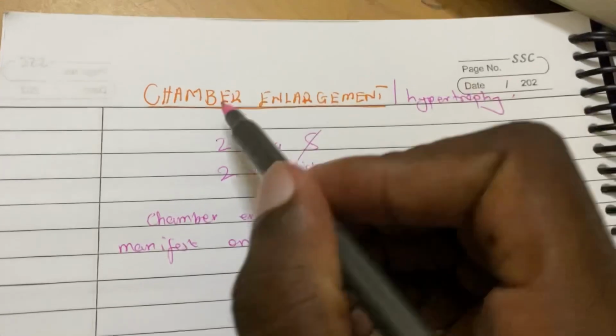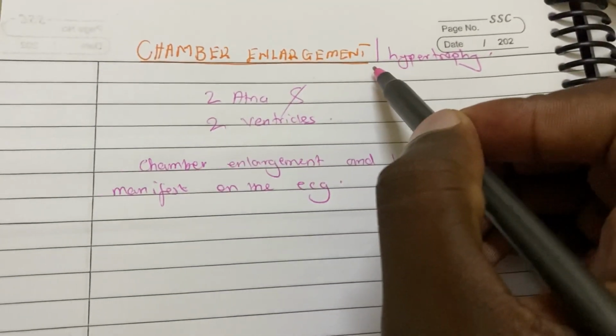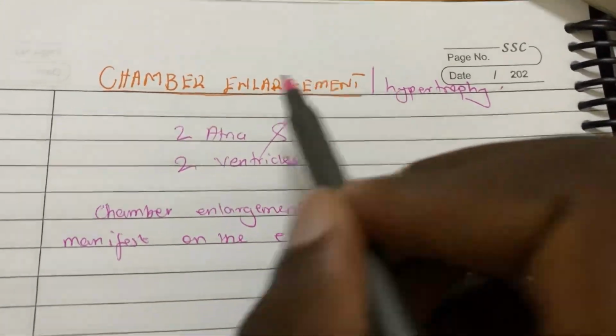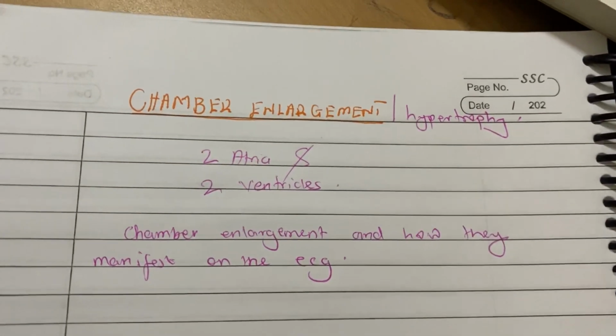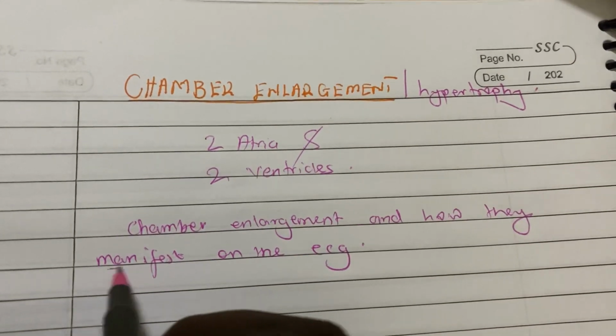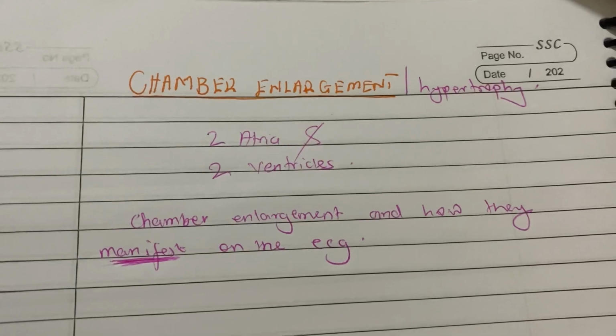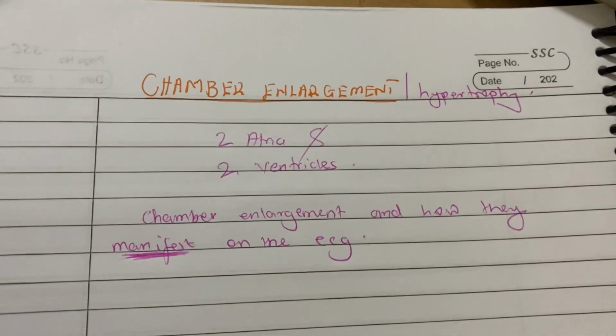Today, our topic is going to be chamber enlargement or hypertrophy, cardiac chamber enlargement or hypertrophy, and how they manifest on the 12-lead electrocardiogram or ECG.